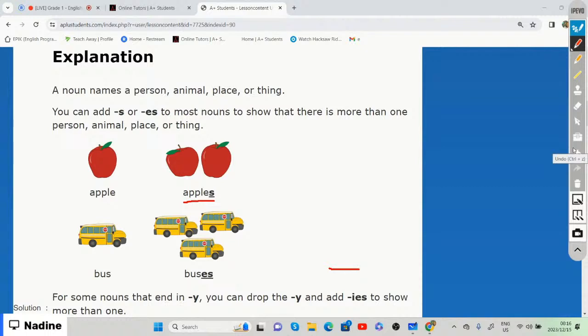And then we also made an example of bus. So one bus, more than one is buses. And we also added the es.